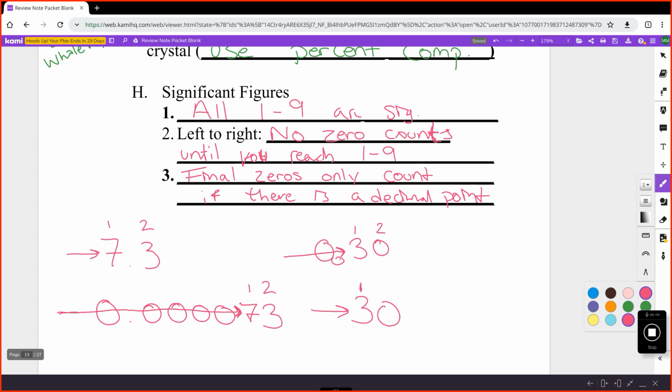But the final zero, this one, would not count. A final zero only counts if there is a decimal point. If I change that 30 to a 30.0, well, now all of a sudden, because of this, I can count 1, 2, 3 significant figures. But that changes with that addition of that decimal point.